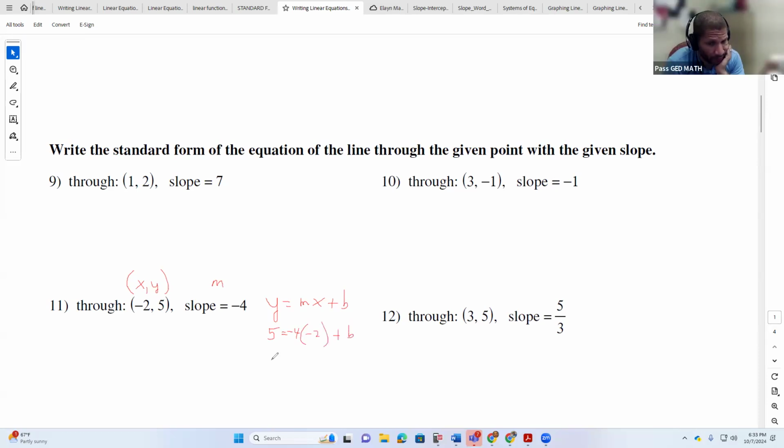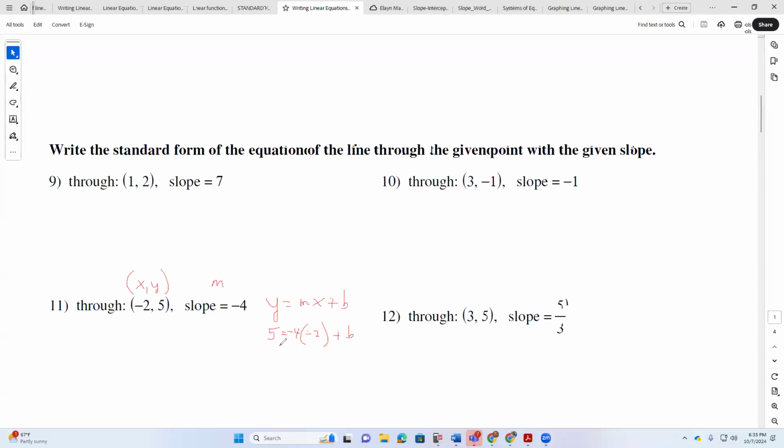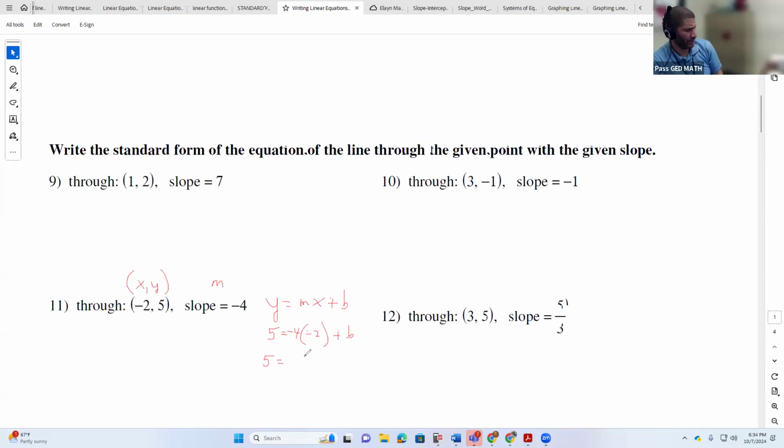And we have to simplify. What's -4 times -2? It's going to be a positive 8.